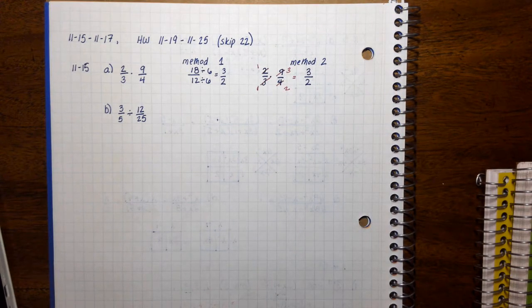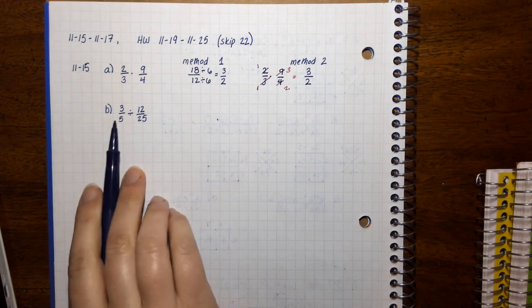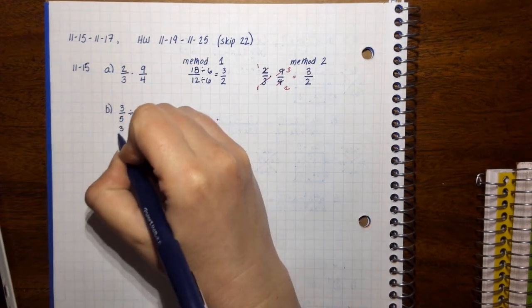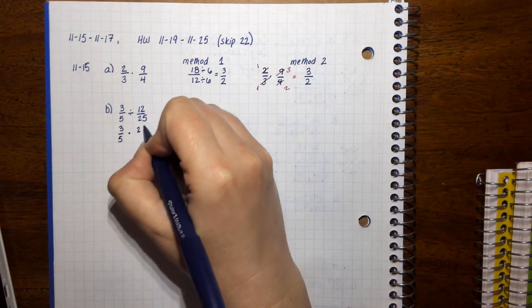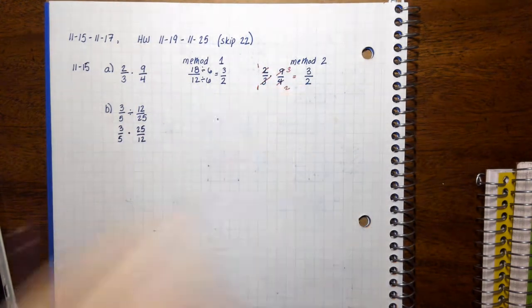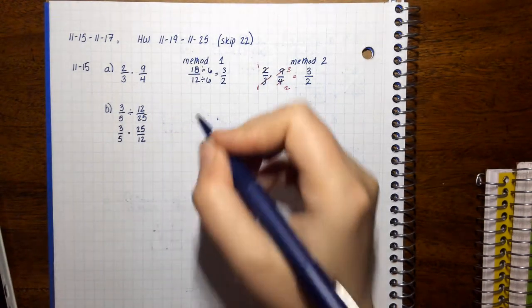Okay, for division, you use keep, change, flip. So keep, change to multiplication, and flip. And then you do the same technique here.